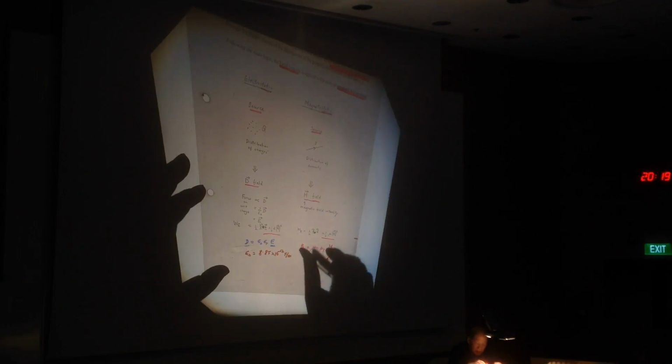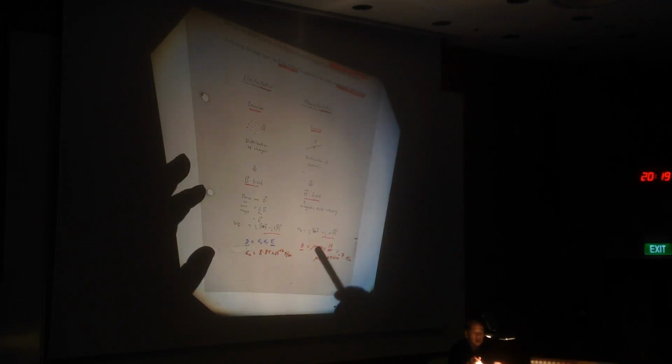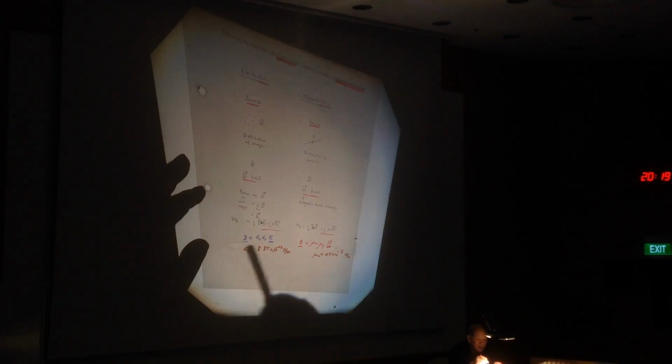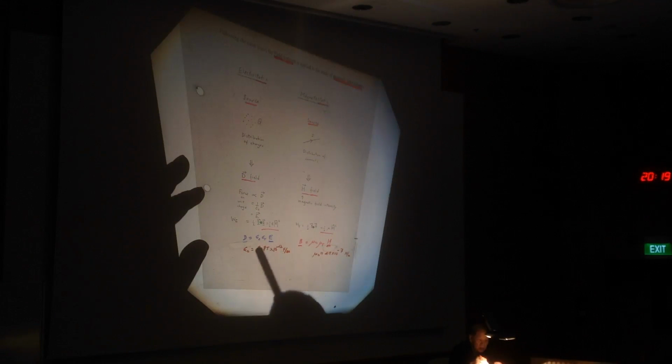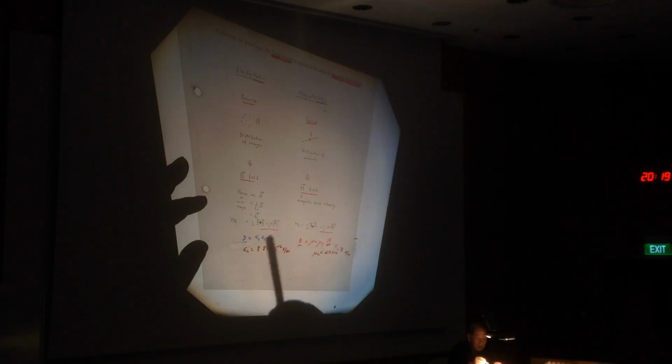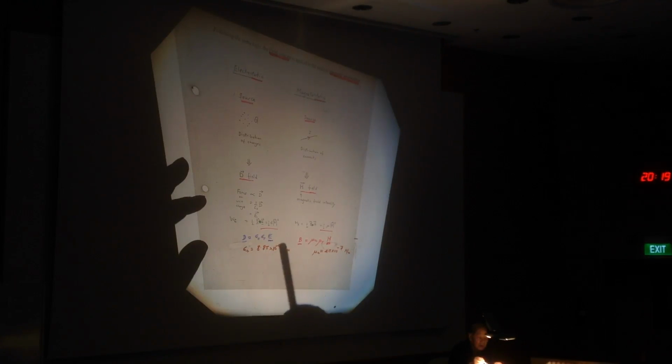If you know H, you can find B, because mu naught is the property of the medium. 4 pi times 10 to the minus 7 is given to you. This is the so-called permeability, the magnetic property of free space. Similarly, epsilon naught is 8.85 times 10 to the minus 12, the dielectric property of space, very small. You multiply and you get the total.